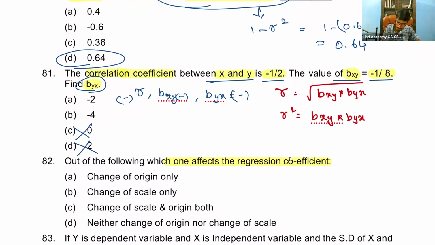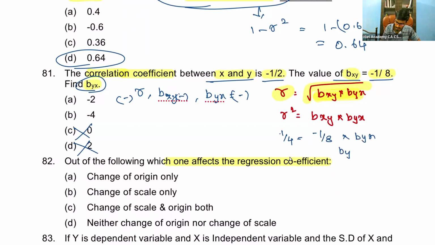I will substitute in the formula. r is equal to root of bxy into byx. So r square is equal to bxy into byx. So r square, minus 1 by 2 whole square, will become 1 by 4, equal to minus 1 by 8 into byx.